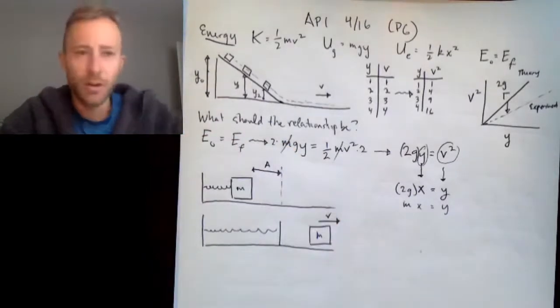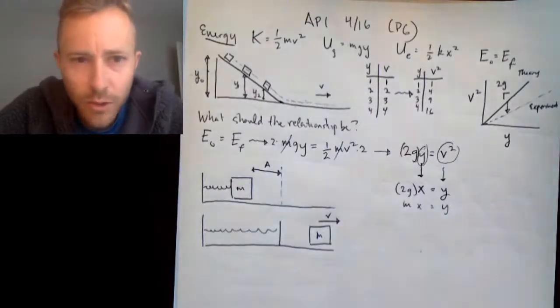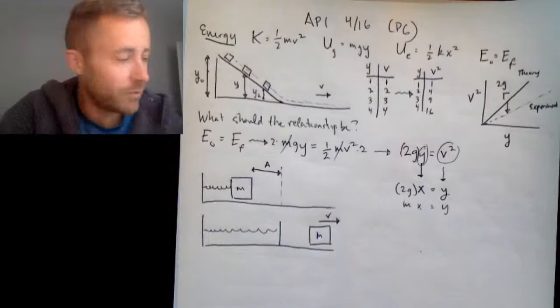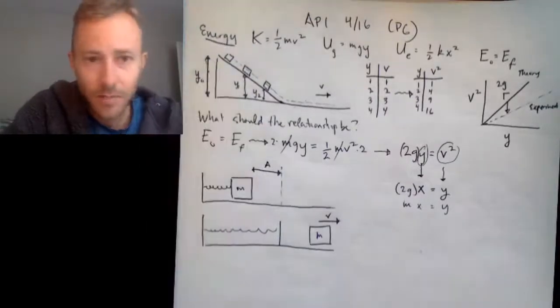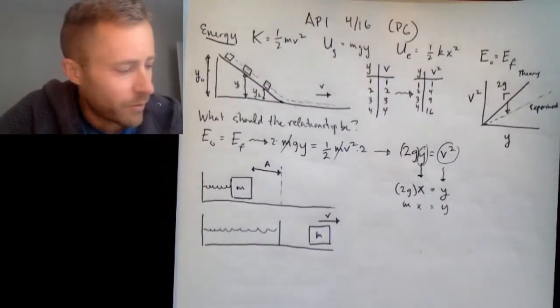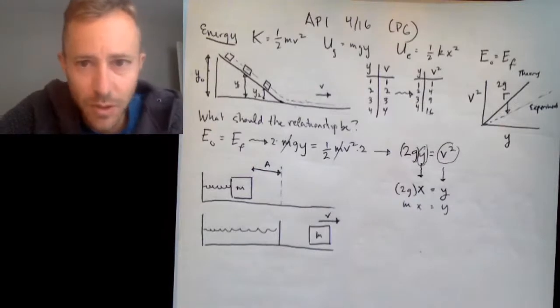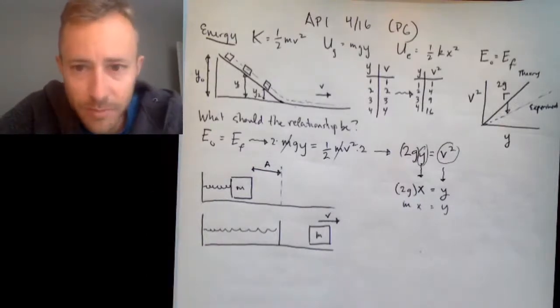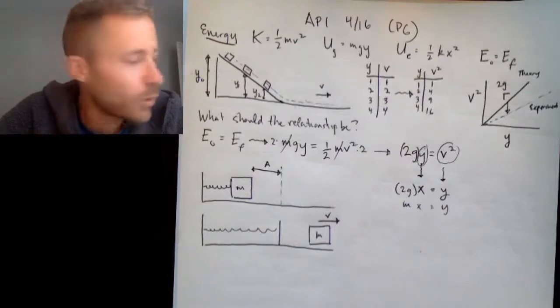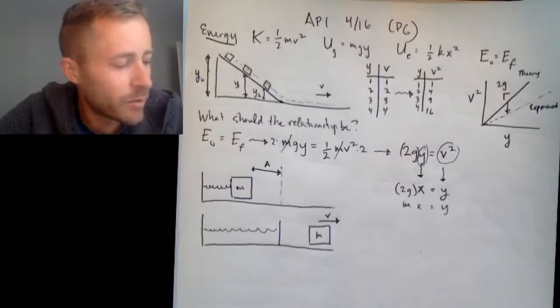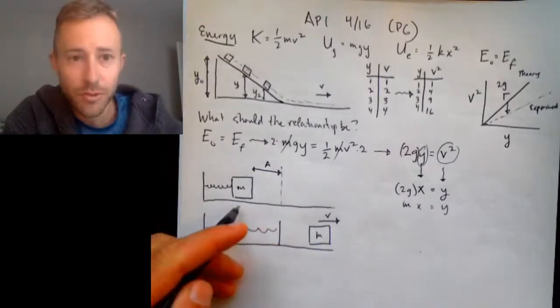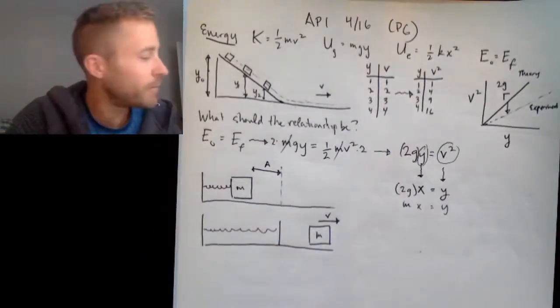All right, so now the question is, what are you varying with each experimental trial? In the previous one, we varied the height. And in this one, we kind of have multiple options, okay? We could vary the mass of the thing that we're launching, or alternatively, we could vary the amount that the spring is compressed before launching it, okay?